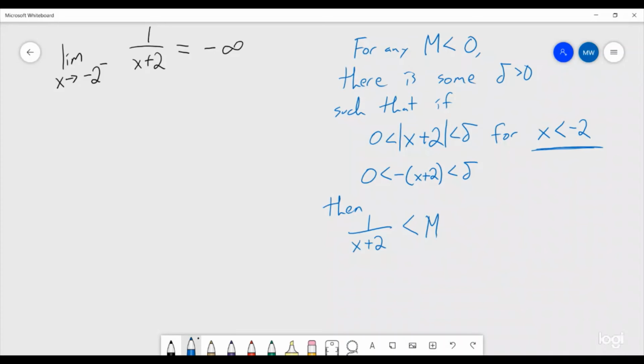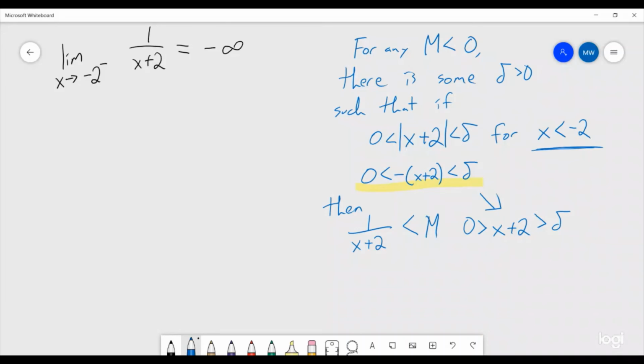Starting with 1 over x plus 2 less than M, we can use this inequality to say that x plus 2, if we multiply everything by negative 1, is smaller than 0 and bigger than negative delta.